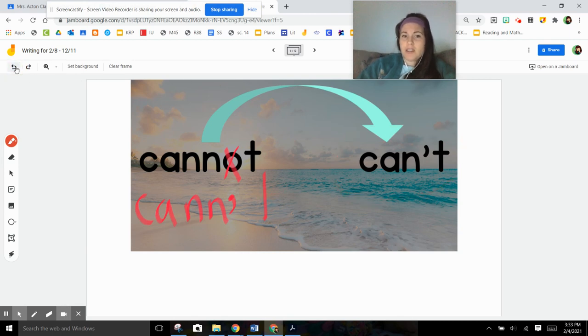So this one does not follow the same pattern. This one follows the pattern: take away the N and the O, replace those with just one apostrophe, and then bring out the C, the A, the N, and the T. But still, something that's going to trick you and something that you need to focus on. And this is what you're going to be doing in your Nearpod today.